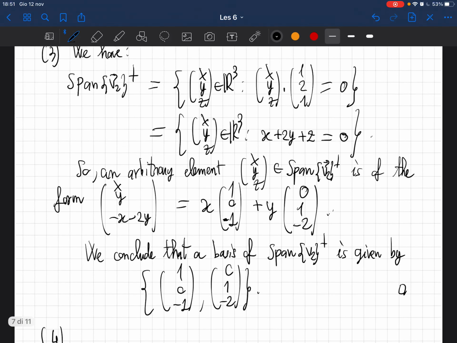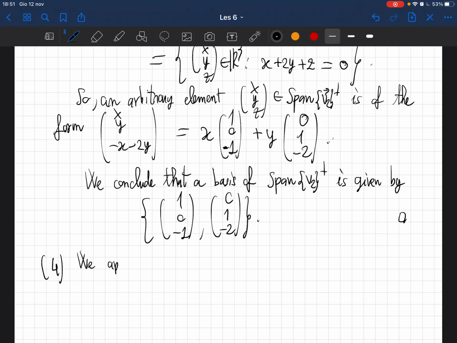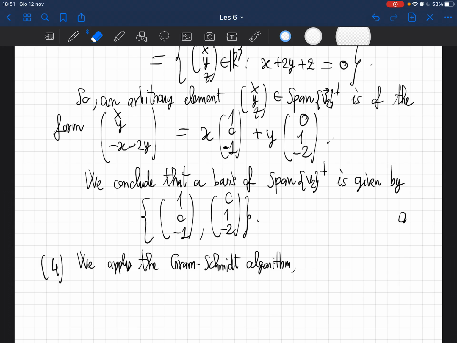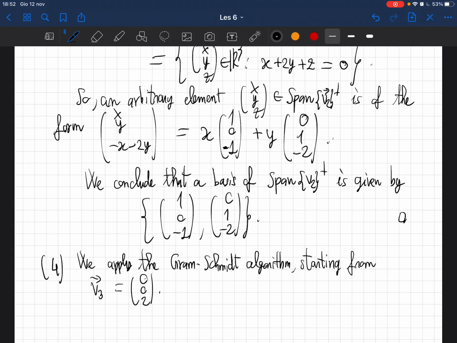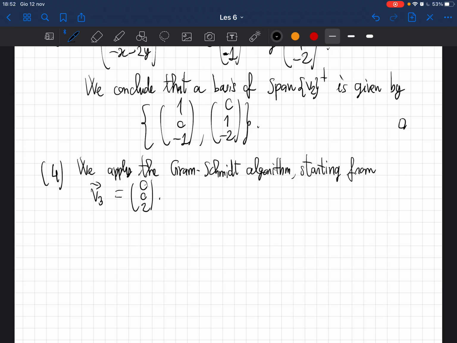Oh, yes. So here we apply the Gram-Schmidt algorithm, starting from the V3, we normalize it, we set W3 is equal to V3 divided by its norm, which is 0 0 1.